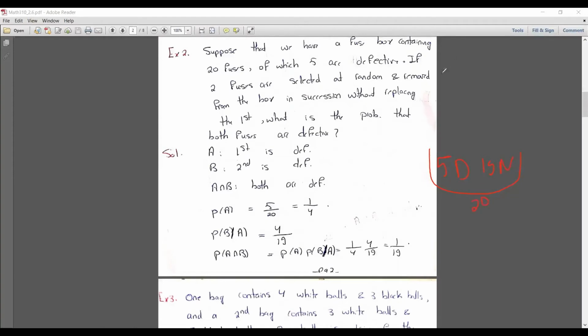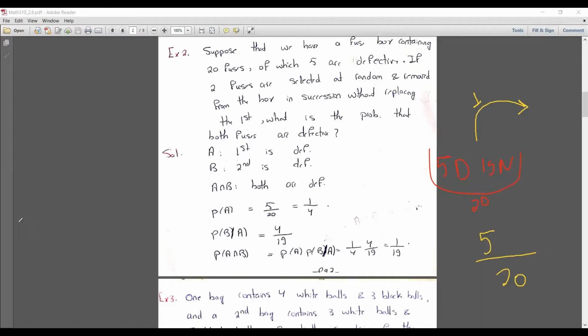So if we are taking just one, the first, removing one fuse from it, what's the probability that this fuse is defective? The total is 20. The number of defectives is 5. So the probability that the one we select is defective is 5 over 20, which is 1 over 4. Is it clear, guys?